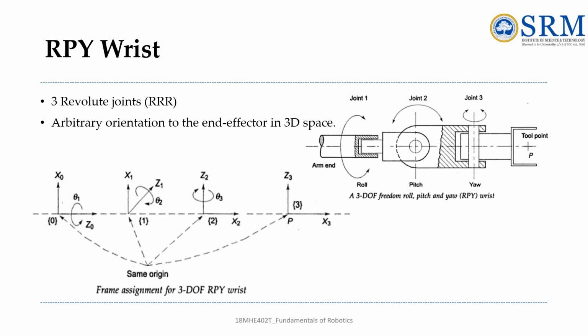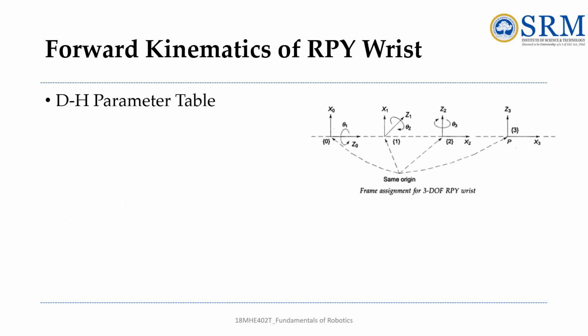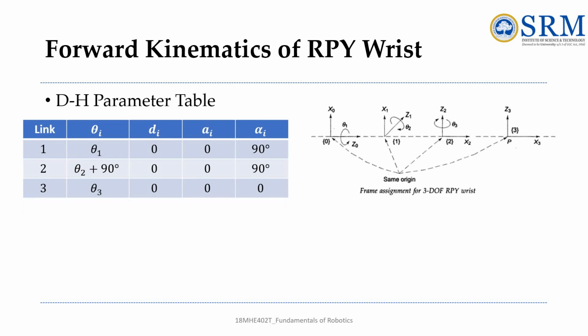So how will you compute by using a DH parameter table? You could see here the frame assignment of this RPY wrist. So first along the link, all the three joints are considered as 1, 2, and 3. So first along the link 1, you could see here the four parameters are theta, d, a, and alpha.